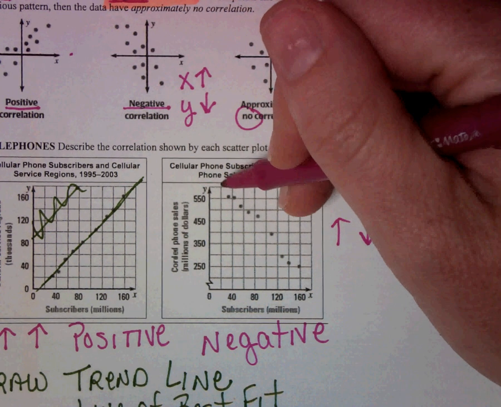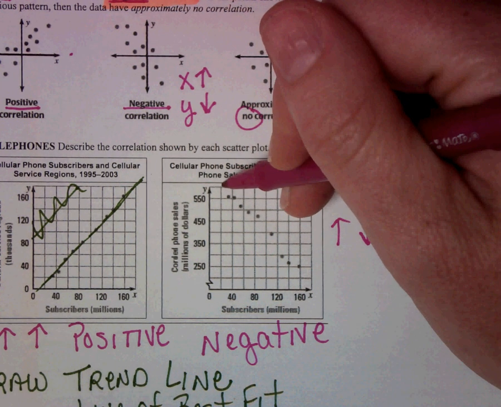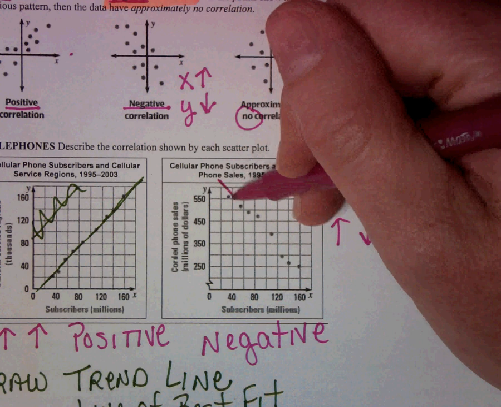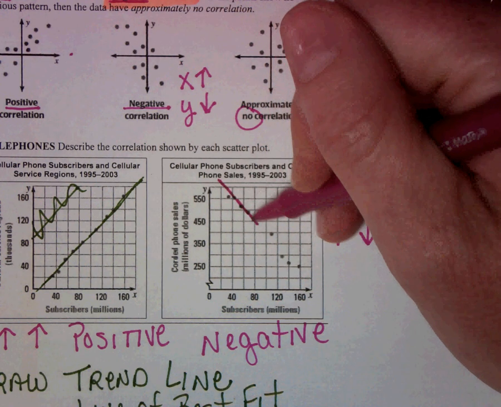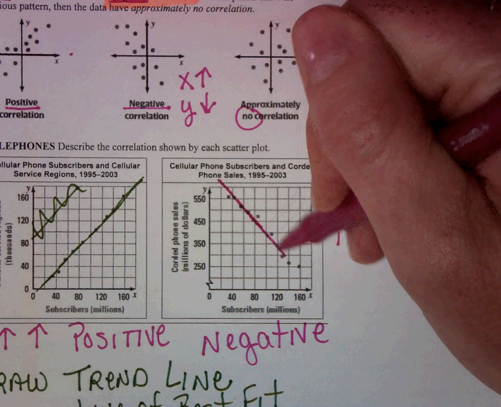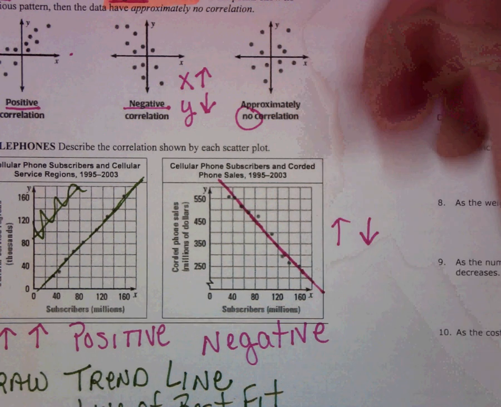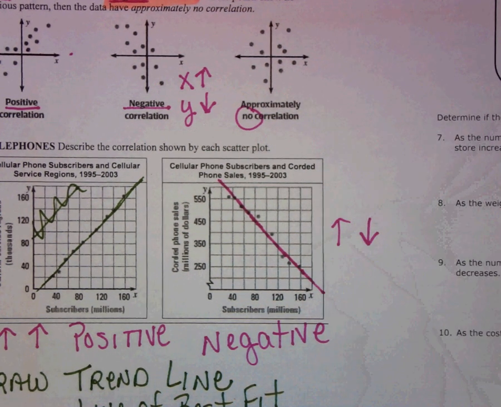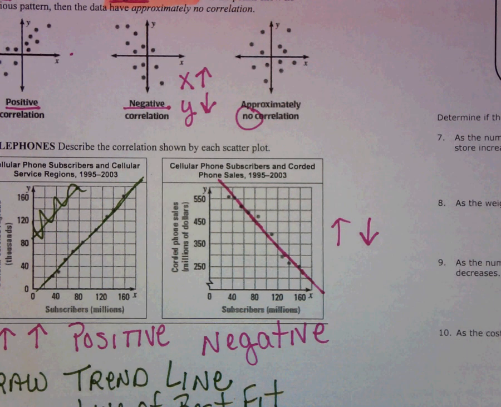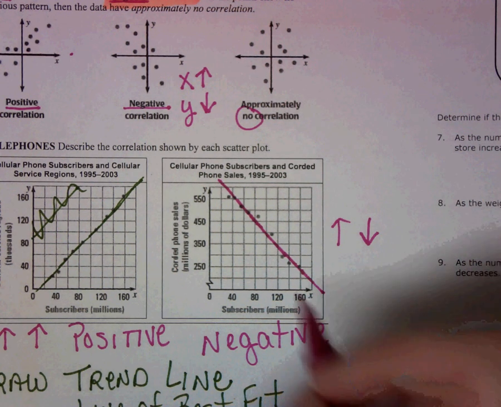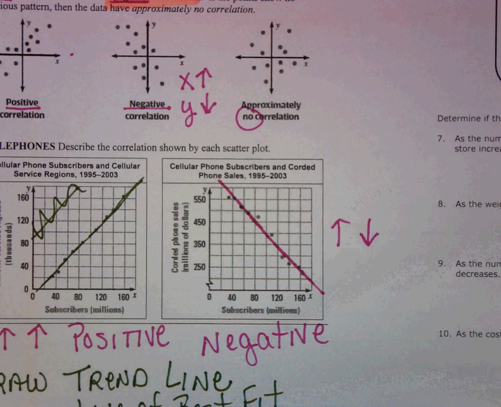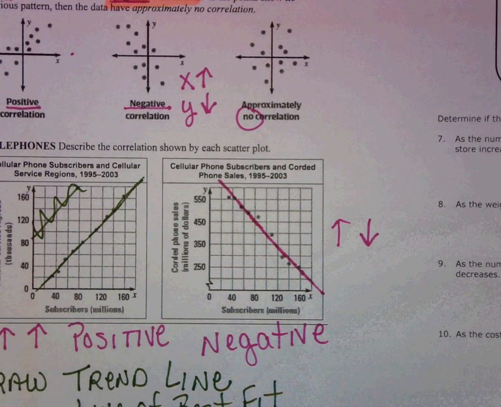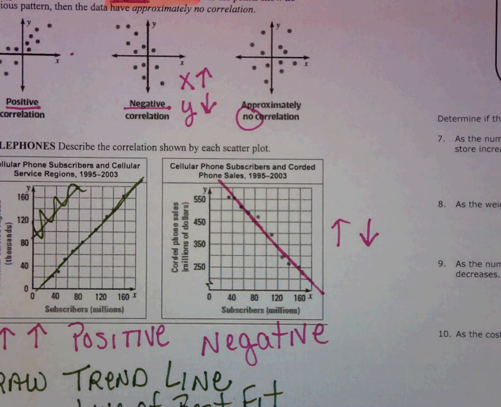So I want to get as many of the points on it and then an equal amount above and below. So I'm thinking I would probably draw my line about right there. I still have some above and below, but it's just about an equal amount, and so that's through the middle of the data. And we can use that trend line or those lines of best fit to then help us make predictions about the graph and about points that maybe aren't drawn on the graph.